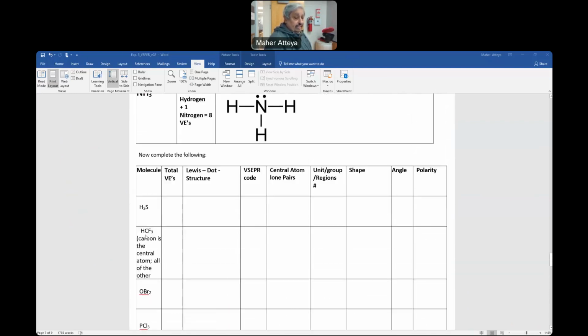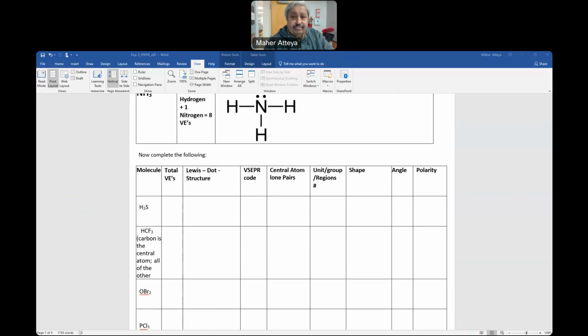So let's take the second one. HCF3. You can tell that the hydrogen is always at the edge. Fluorine is the most electronegative, will be at the terminal far away, and the carbon will be in the middle.